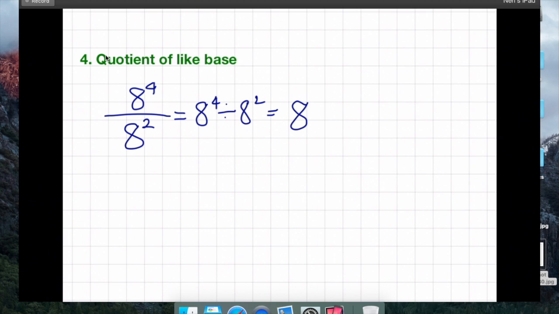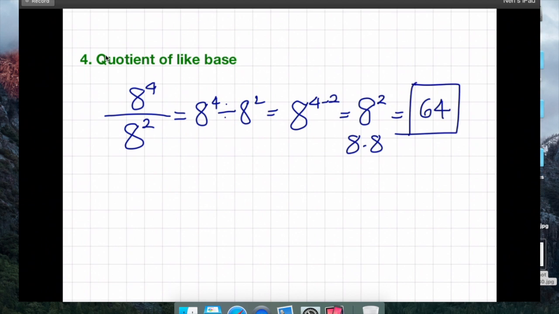And because this is division, you have to subtract. So 4 minus 2, and we will have an answer of 8 squared, or 8 raised to the second power. And of course we know that 8 times 8 is equal to 64, so the answer is 64. And there you have it, the 4 properties of exponents.